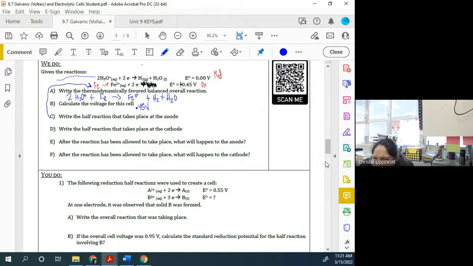That is going to be my letter D. After the reaction has taken place, what happened to the anode? It lost mass. And the cathode will gain mass. It'll always be anode loses, cathode gains. That's why it's a fat cat. The cat gets fat.